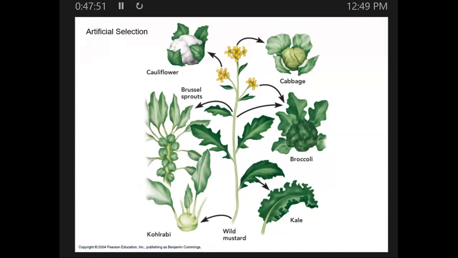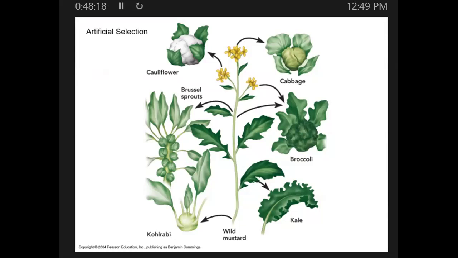All of these, cabbage, broccoli, kale, kohlrabi, Brussels sprouts, are all derived from wild mustard. They took it and selectively bred it until they got these different crops that we see today in our stores. So when you eat broccoli, you're eating flowers. Those are flowers.